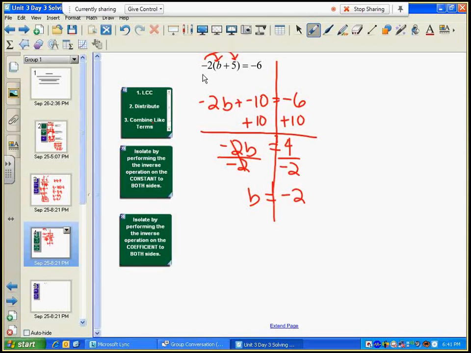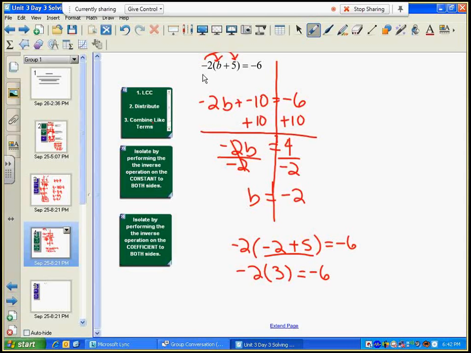Let's try it and see if it checks out. So I said -2 times (b plus 5) equals -6, with b being -2. All right, PEMDAS tells me to do my parentheses first. -2 plus 5 is 3.